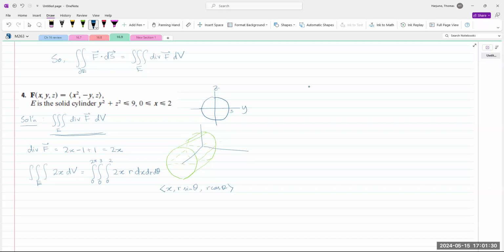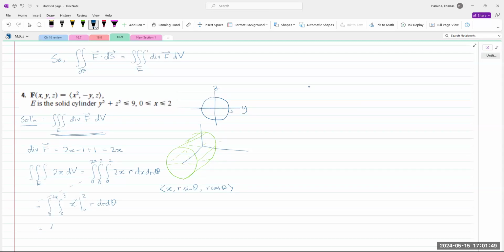If I integrate with respect to x, I will get the integral from 0 to 2 pi, the integral from 0 to 3, of x squared from 0 to 2, r dr d theta. That is 4, yeah.